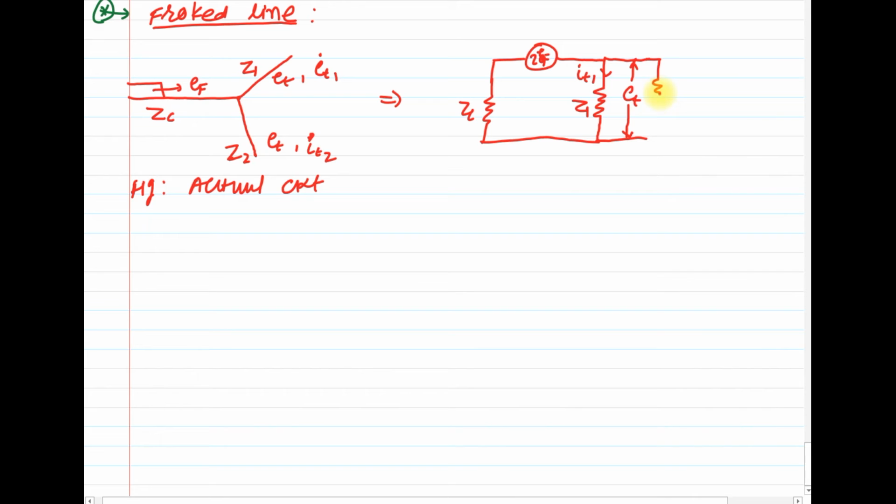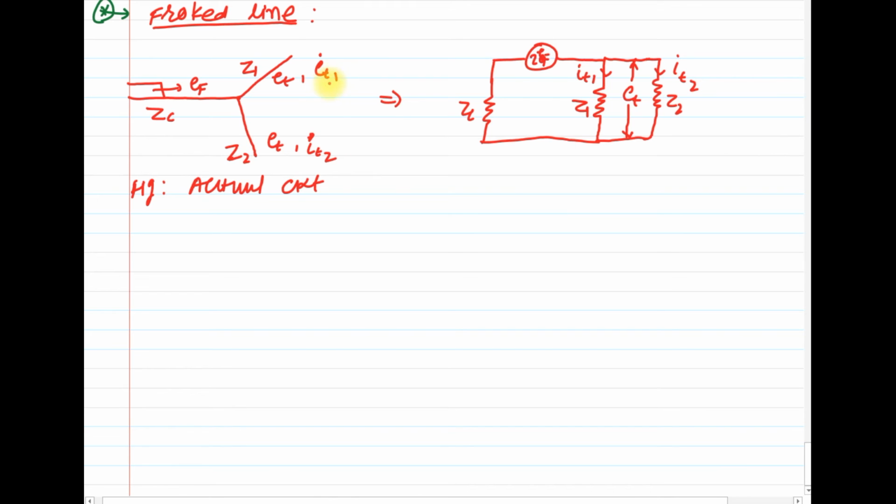Next, the impedance Z2 with the transmitted current IT2. So from this equivalent circuit, the current is divided between the different impedances Z1 and Z2.